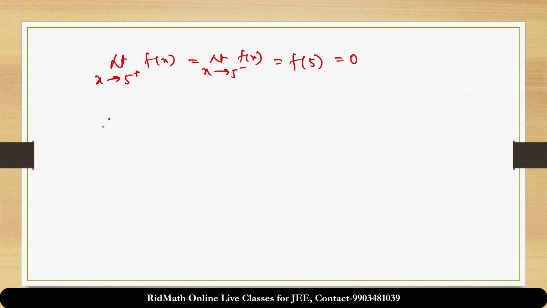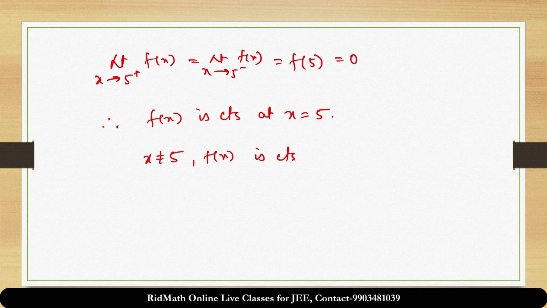That means therefore f(x) is continuous at x equal to 5. And we have also seen that for x not equal to 5, f(x) is continuous. So that means f(x) is continuous on the whole of R. Okay, now the next problem.